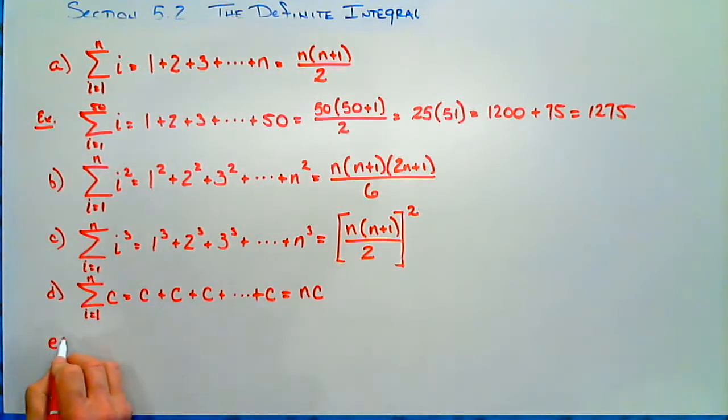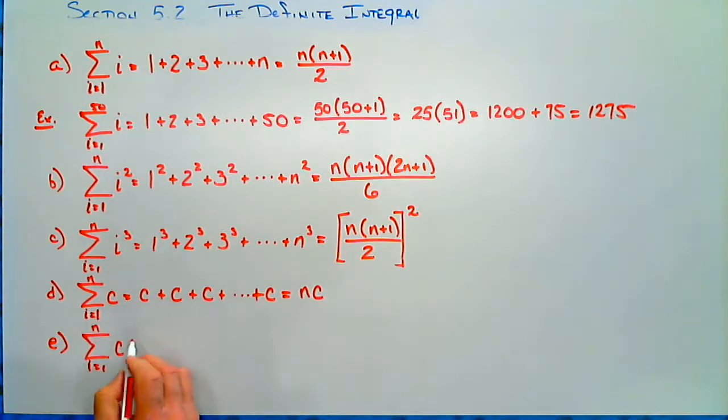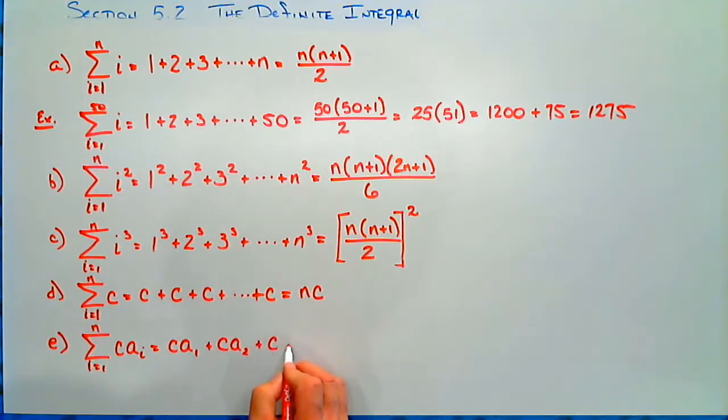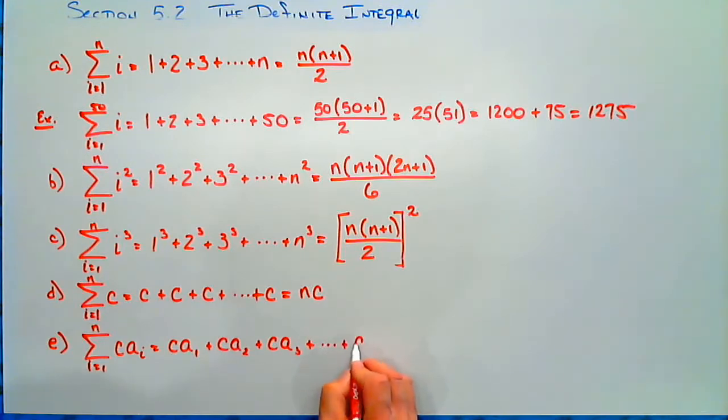Some of the other formulas about the sigma notation that we may have forgotten from back in pre-calc is what happens if you have a constant times something that your index does impact, right? This is a sub i. What does this mean? This means c times a sub 1, c times a sub 2, c times a sub 3, all the way down to c times a sub n.